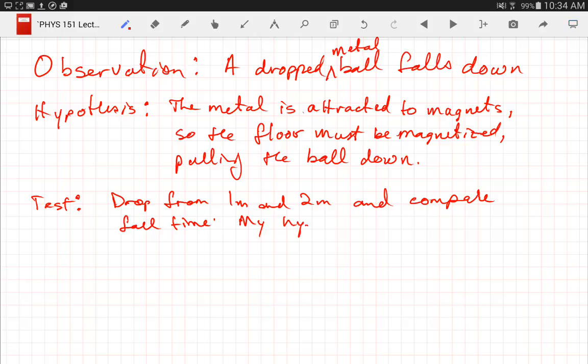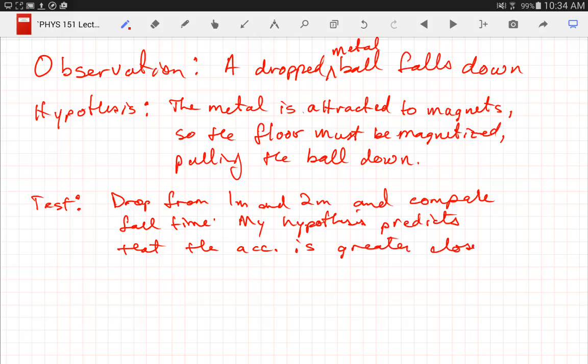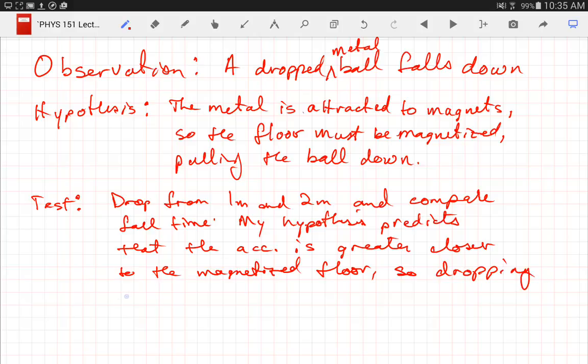My hypothesis predicts that the acceleration is greater, closer to the magnetized floor, so dropping farther away will lower the initial acceleration.